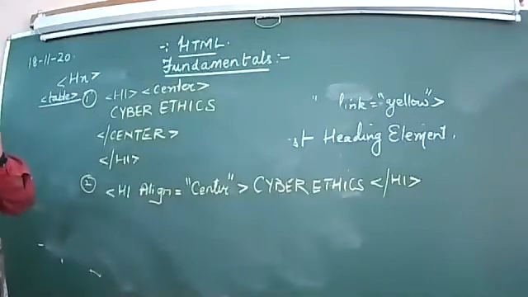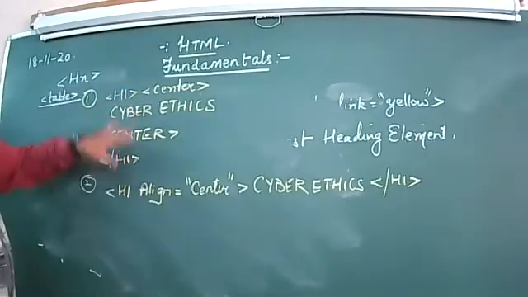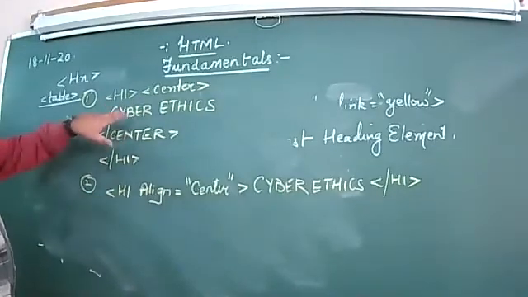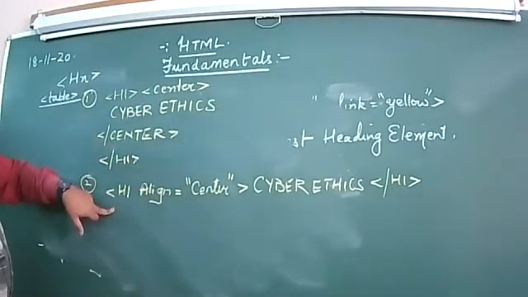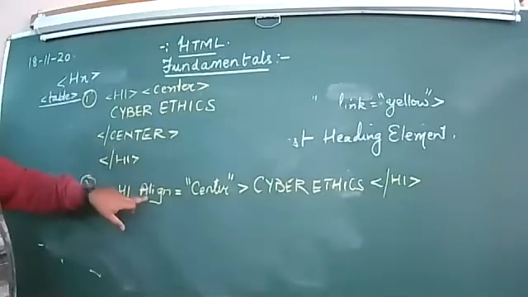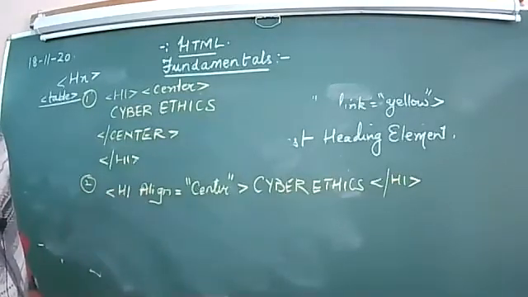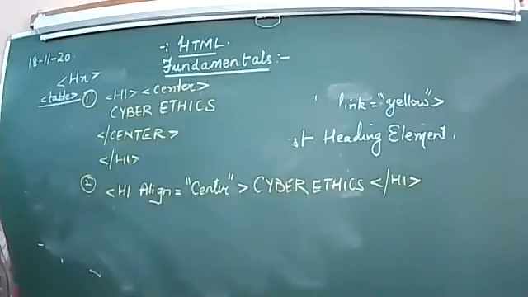So you have two methods, two options in order to specify the heading in the web page. You can use either of them. But heading elements have only and only one attribute that is called align. Right? No other attribute is included inside the heading element. Clear?